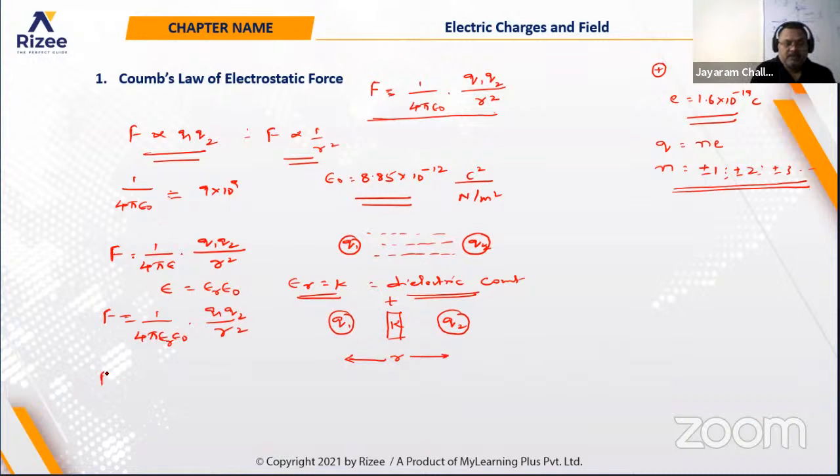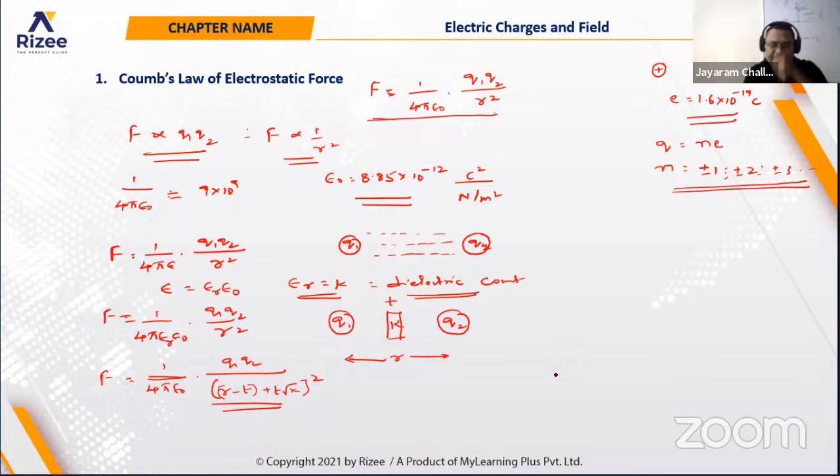In this situation, it will be 1 by 4 pi epsilon naught into charges Q1 Q2 by r minus t plus t root k, whole square. This is the force between these two charges.